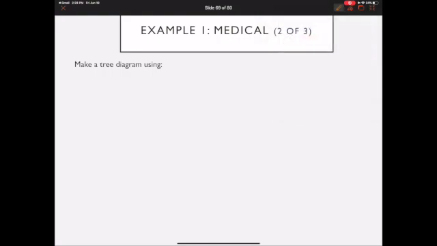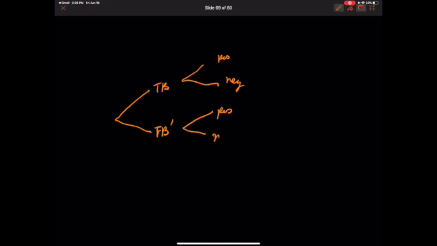So my tree diagram, I have my first event that happens. There are two outcomes. They have TB or they do not have TB. Then we give them a test, and that test is either positive or negative. So our population that has TB is 0.0002. That does not have TB is 0.9998.